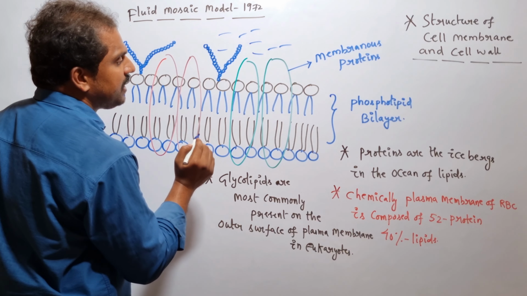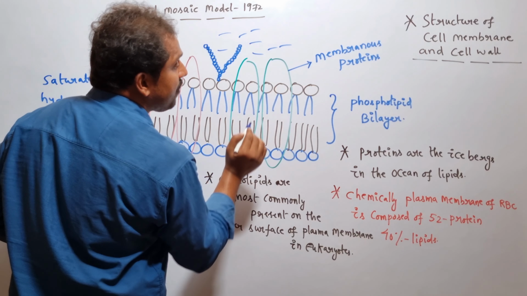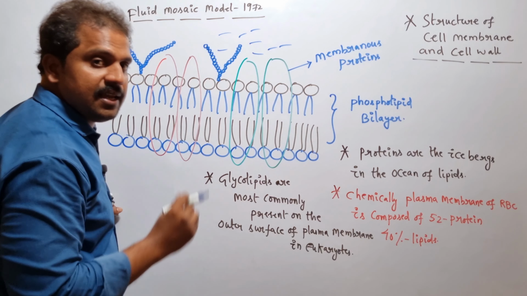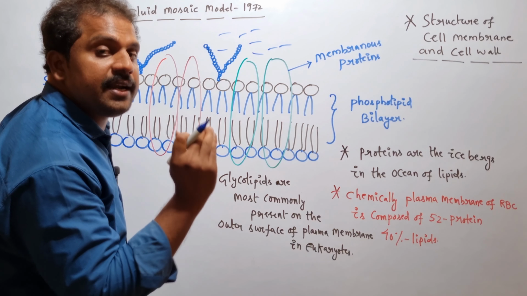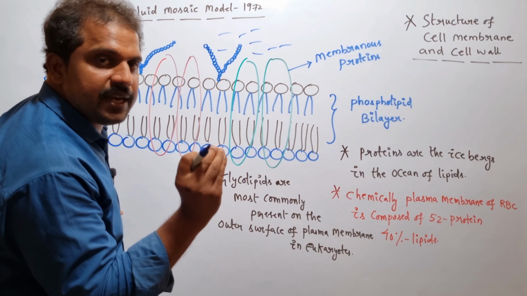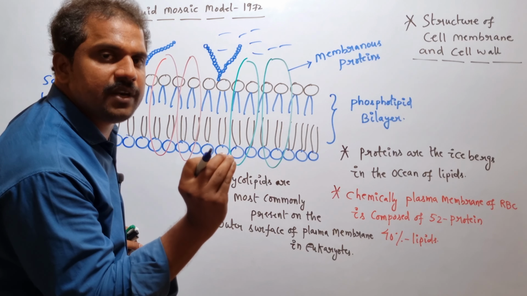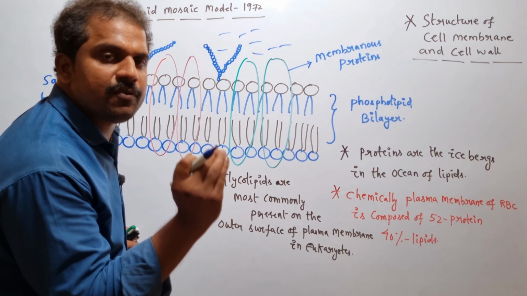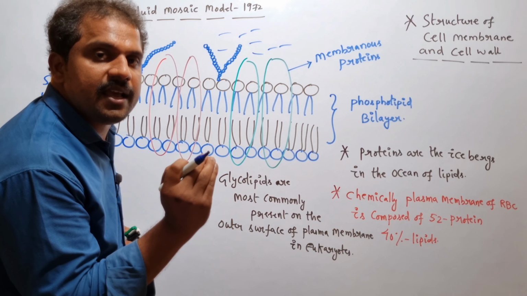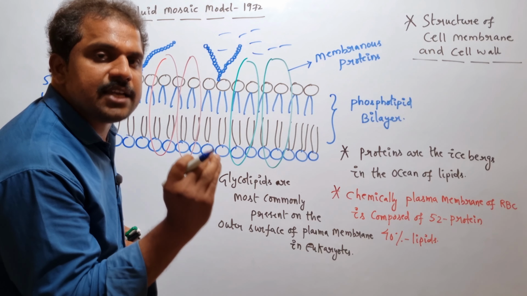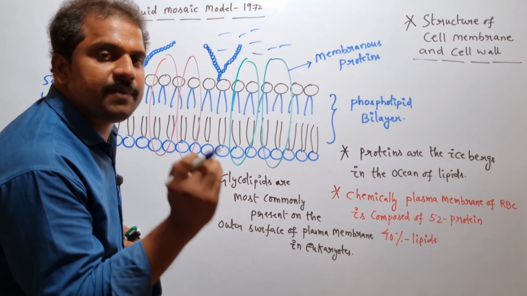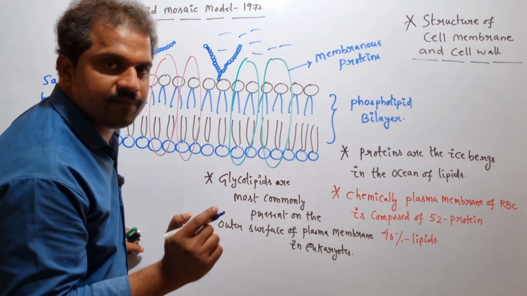Aqueous environment. So the reason why the head portion of the phospholipid is exposed towards the outermost or peripheral region is that it is hydrophilic in nature, whereas the non-polar saturated hydrocarbon chain remains towards the interior side because it is hydrophobic in nature. Is it clear?